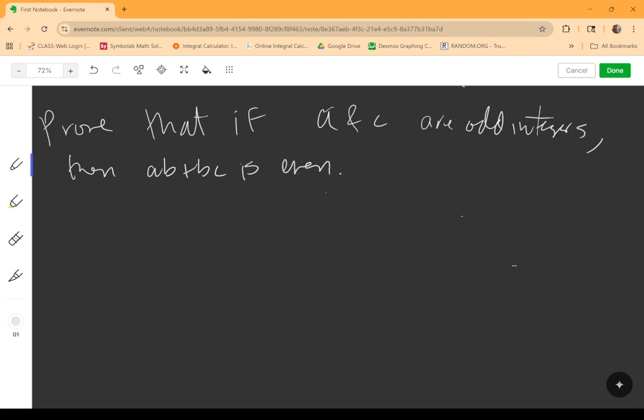And again, we'll assume B is an integer. I'm told A and C are a specific type of integer, in this case odd integers.